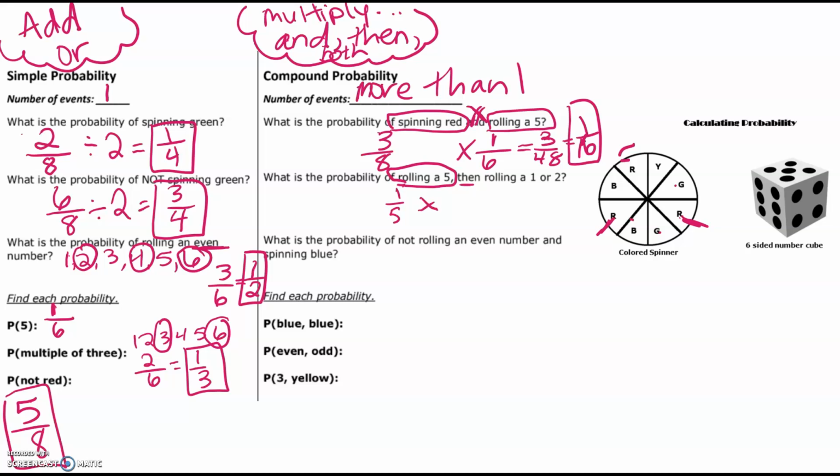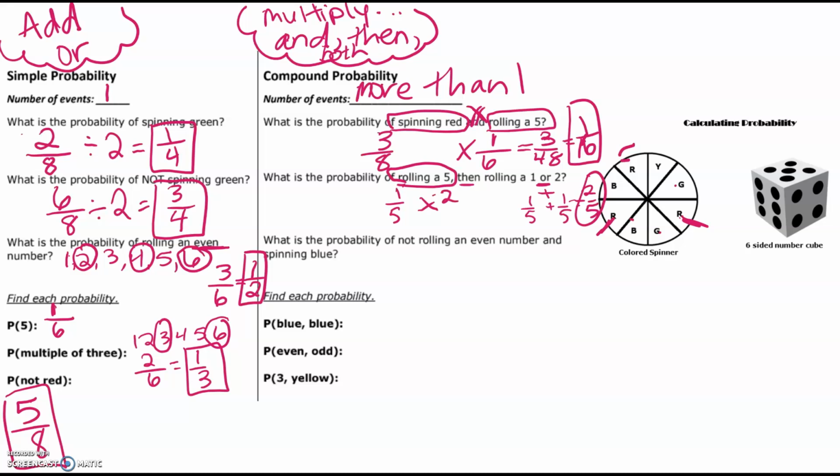Then rolling a 1 or 2, so "or" is going to tell us to add. Well, 1 or 2, when you break both of these down, it's 1/5 plus 1/5. And they have common denominators already, so really that's just going to give us our 2/5. 2 out of 5. That's what we need, so we're going to circle it and bring it over to multiply.